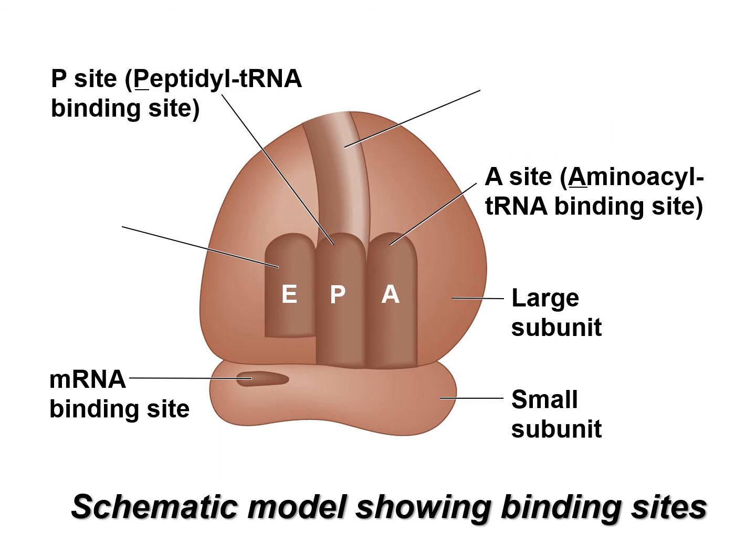Then we have the peptidyl tRNA binding site, the P site. This is where we link the amino acids, and this is an exit tunnel for the peptide coming out of here. And then thirdly, over here on the left, we have the E site. So in sequence, A, P, and E. E stands for exit. So the A site is where the amino acids come in with the tRNA, the P site is where the peptide is synthesized, and the E site is where the tRNA without the amino acid exits.